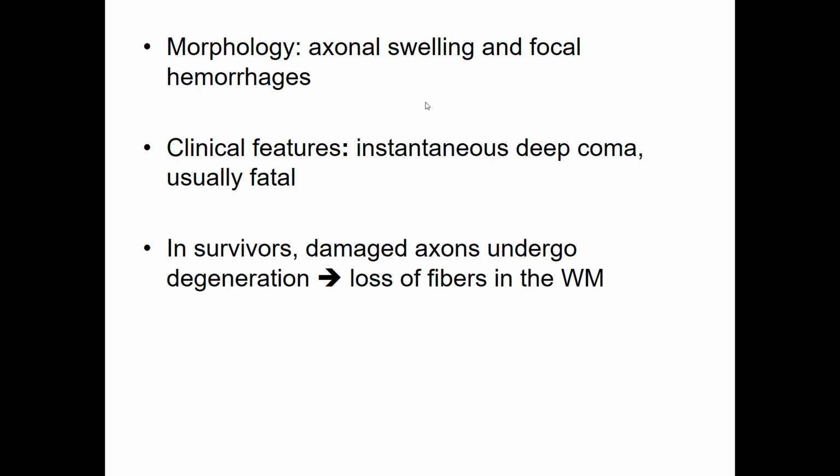They may also happen in the cerebellar peduncles, for example, and in some of the deeper white matter structures as well. Clinically, patients having suffered diffuse traumatic axonal injury may become comatose, with instantaneous deep coma. They are usually suffering fatal brain damage, and the survivors are usually living with quite severe neurological deficit.